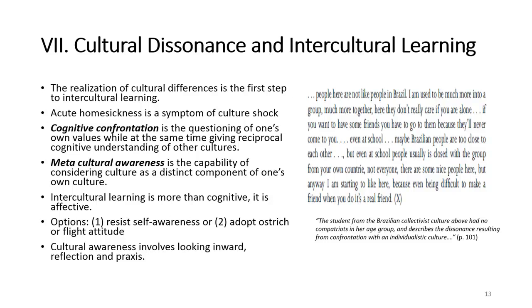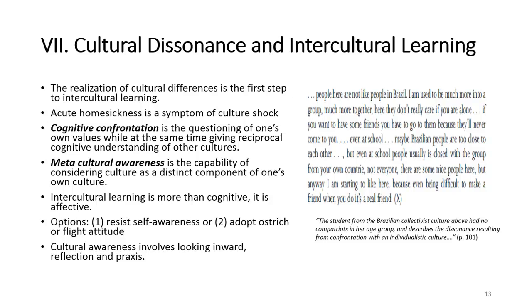The author tells us that the realization of cultural differences is the first step to intercultural learning, and that cognitive confrontation is the questioning of one's own values while at the same time giving reciprocal cognitive understanding of other cultures. So we need to do something that we don't see the students doing, and that is taking into consideration our own culture and then trying to reconcile a new culture that we may be introduced to.